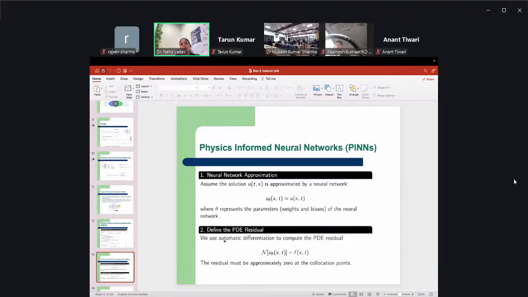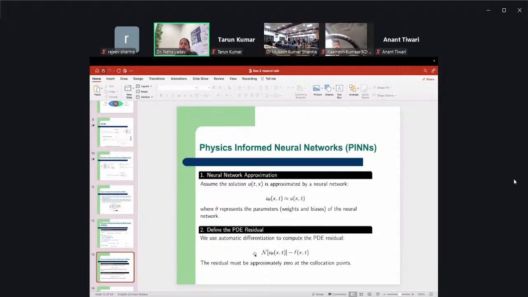So the first step is we construct the PDE residual. So let us suppose an output is computed using the neural network, and then the derivative of this output is calculated, which we represent with N of u_theta(x,t) minus f(x,t). So basically this term represents the PDE residual.